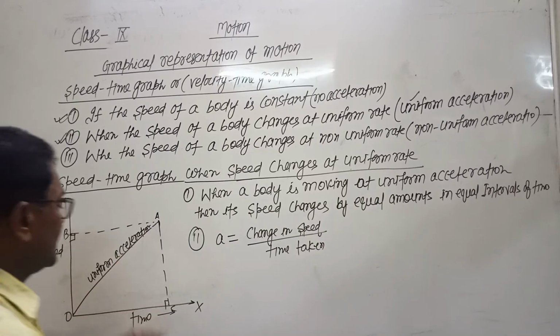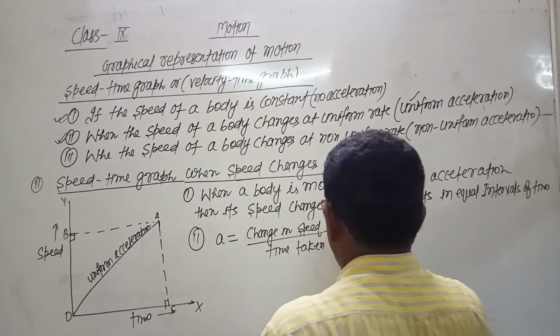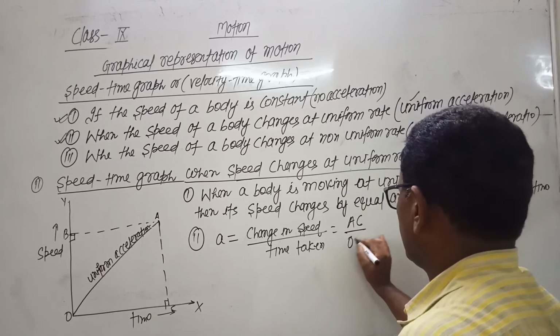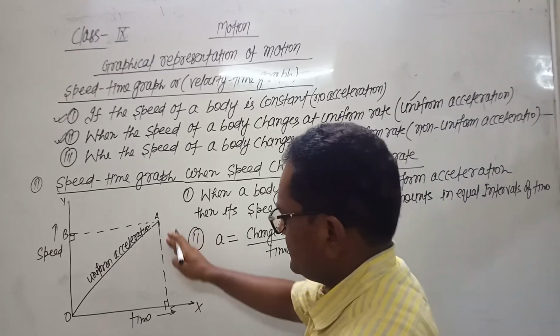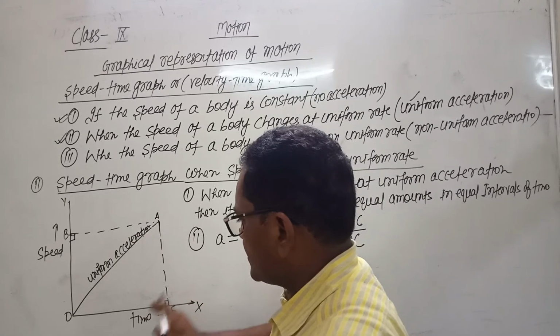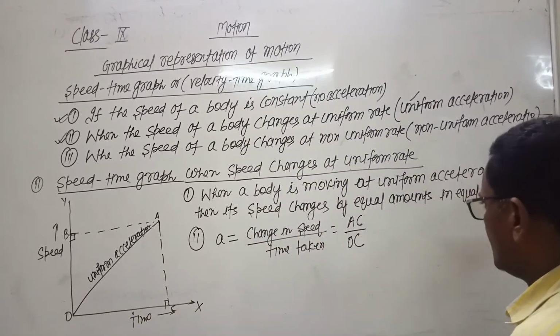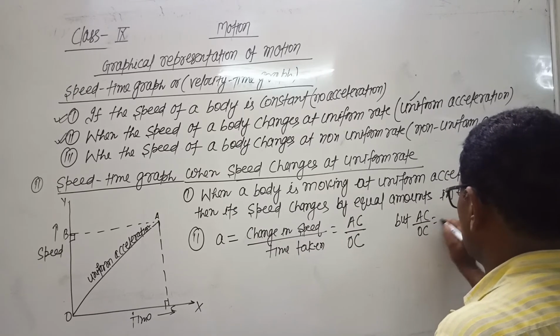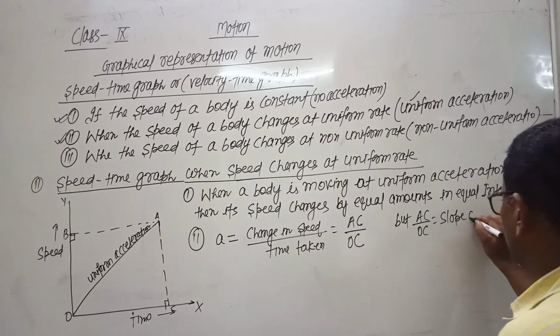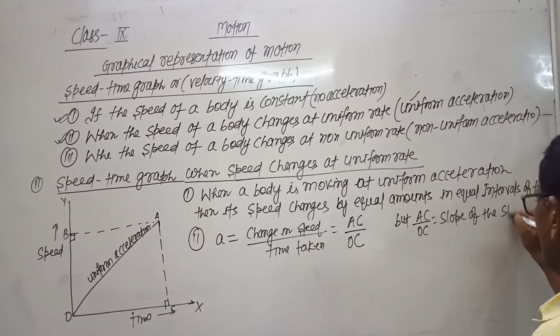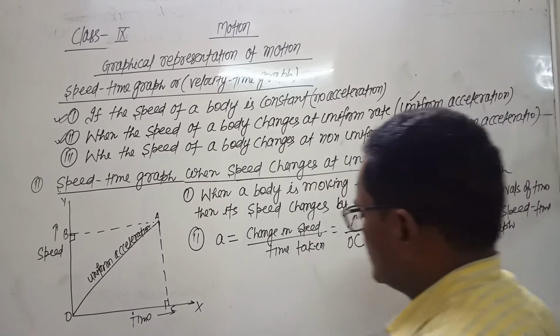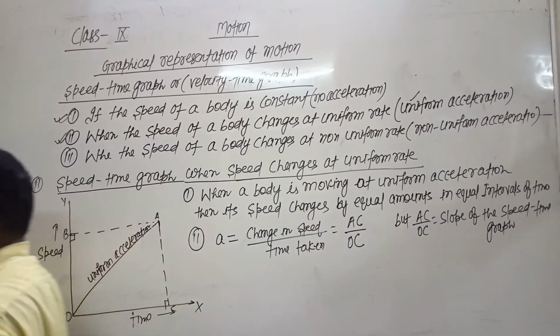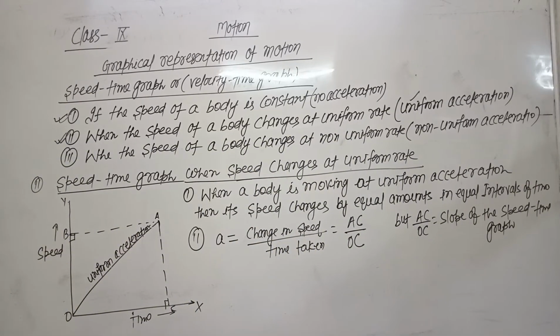So change in speed means AC and time taken means OC, and again in a speed time graph, perpendicular upon base, AC upon OC, but AC upon OC is called the slope of the speed time graph.